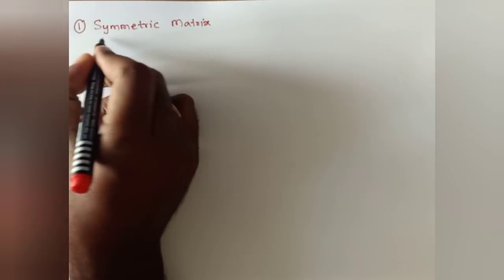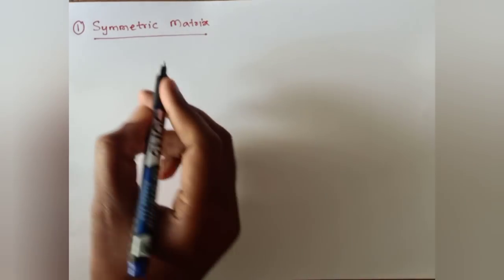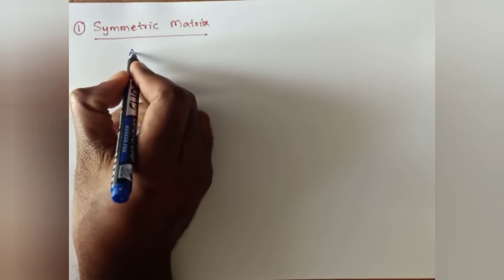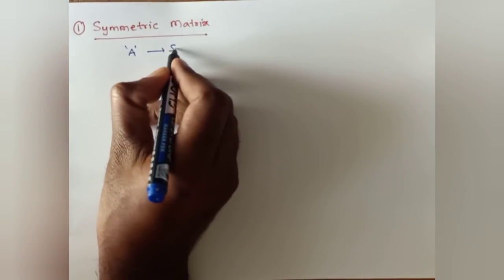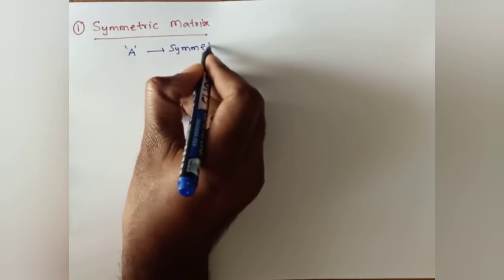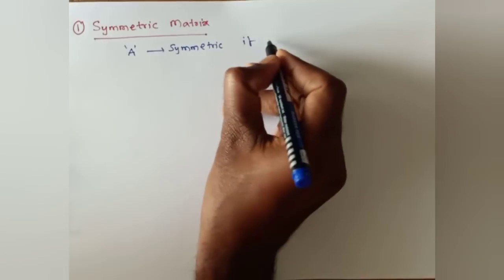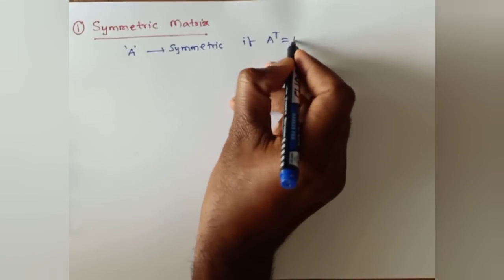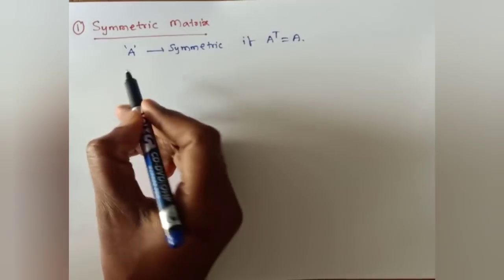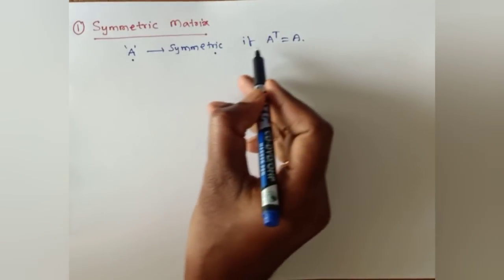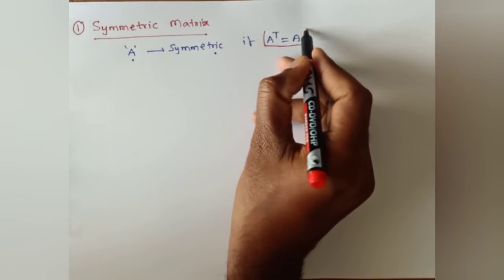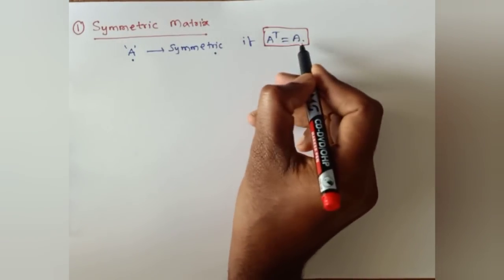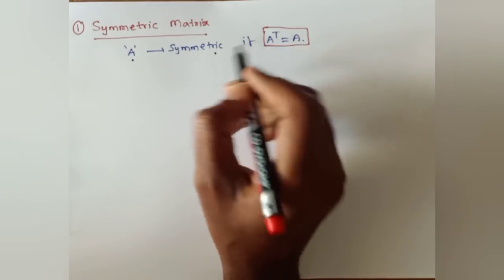Here, let us consider a square matrix A. The square matrix A is said to be symmetric if A transpose is again A. Simply, a square matrix A is said to be symmetric if A transpose is equal to A. Any square matrix A, if A transpose is A, then we say that it is a symmetric matrix.